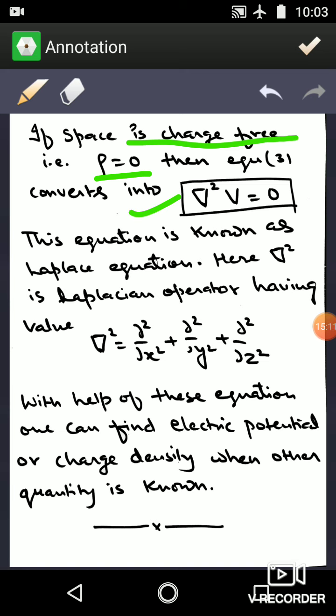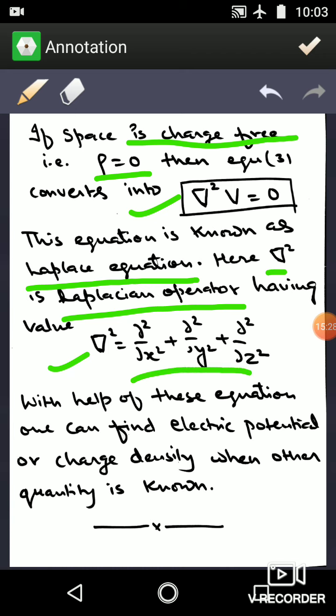This equation is known as Laplace equation, where del square is called the Laplacian operator, and the value of del square in the Cartesian coordinate system will be del 2 upon del x2 plus del 2 upon del y2 plus del 2 upon del z2. Okay.